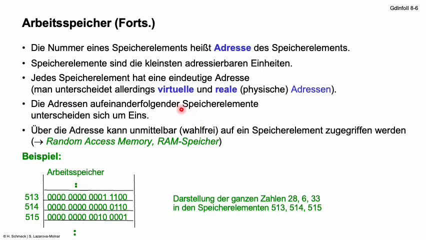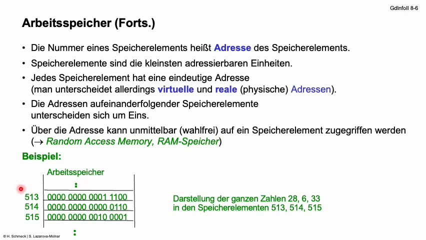And you can also access a memory element directly if you want, optionally, basically through the address. Here is one example where you can see the main memory, or the random access memory.